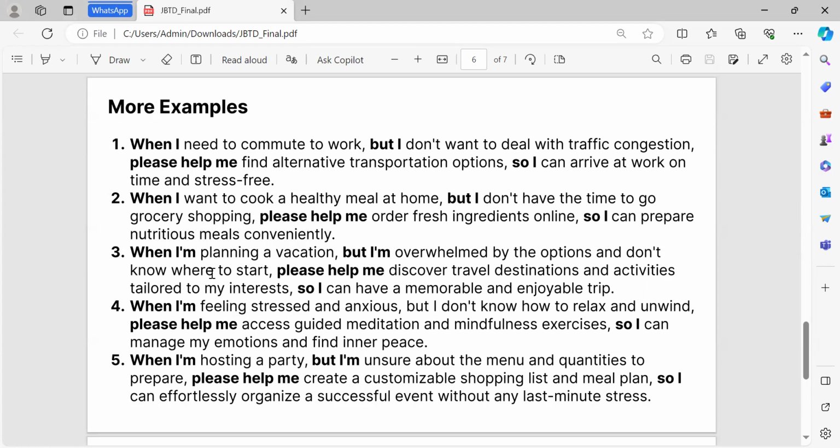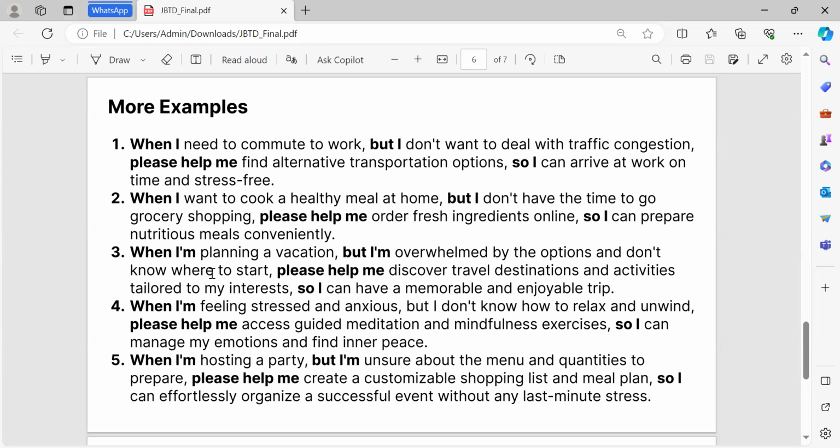So let's see: when I need to commute to work, but I don't want to deal with traffic congestion, please help me find alternative transportation options so I can arrive at work on time and stress free. The context being set here is needing to commute to work. The barrier is dealing with traffic congestion. The goal is finding an alternative transportation option, and the ultimate outcome is that the person can arrive on time and stress free.